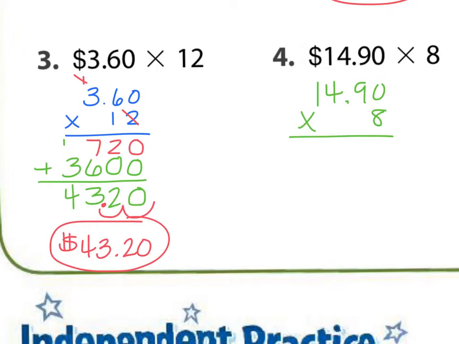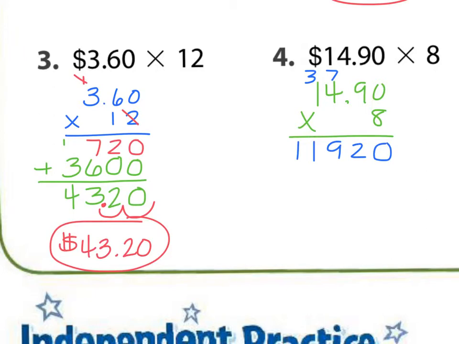So 8 times 0 is 0. 8 times 9 is 72. 8 times 4 is 32, plus 7 is 39. And then 8 times 1 is 8, plus 3 is 11.